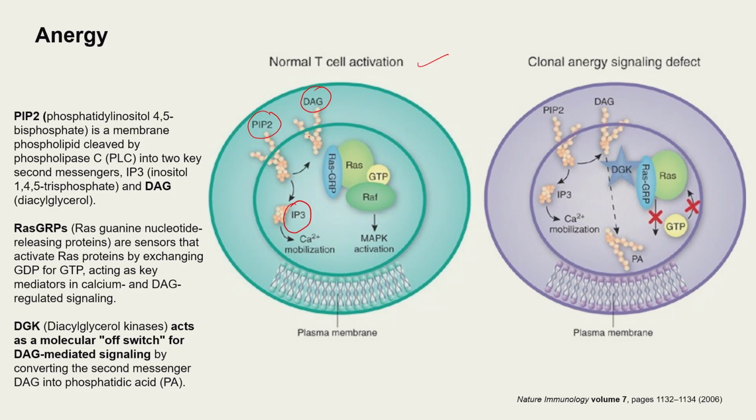Diacylglycerol is a very important molecule which activates the MAP kinase pathway. Once this cleavage happens, the RasGRP pathway, which is the Ras guanine nucleotide releasing protein pathway, can sense and activate the Ras protein by exchanging GDP for GTP. Essentially, these guanine nucleotide releasing proteins allow the cell to undergo the MAP kinase pathway, and therefore the cell becomes activated.